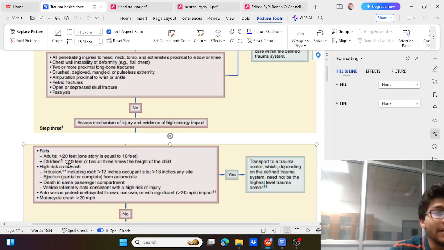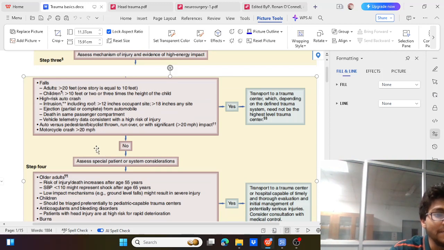If it's a child, if the height was more than 10 feet, in adults more than 20 feet, or there was some intrusion, like intrusion into the roof in case of a vehicle, or there was ejection from the vehicle, death in the same compartment of the vehicle, or some vehicle with high injury mechanism, or auto versus pedestrian, cycle crash or motorcycle crash with high speed.